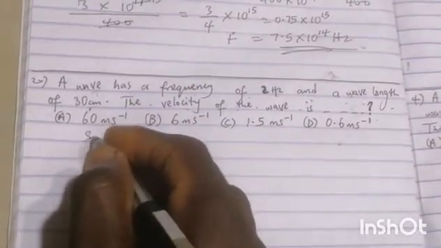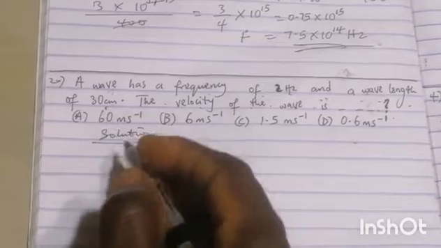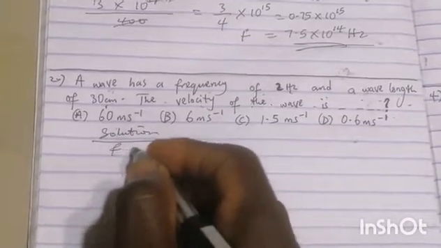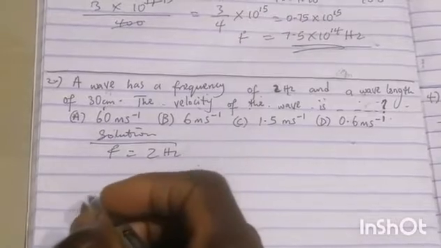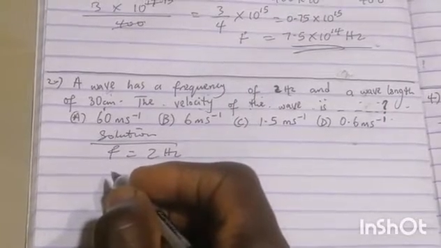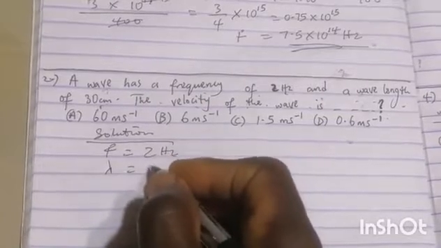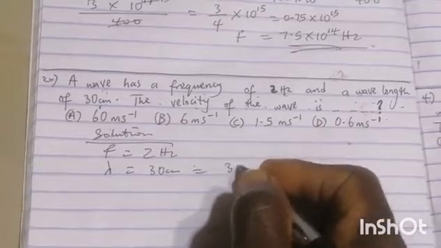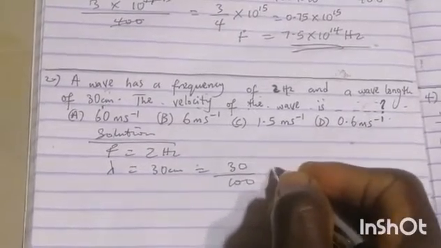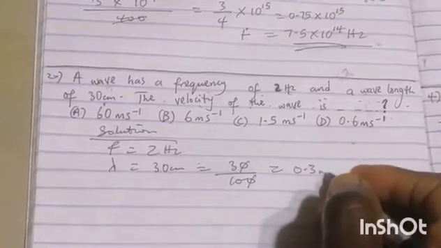So that means that what we have here now is that our frequency is already 2 hertz, and that's the original unit. And then our wavelength as given is 30 centimeter. So converting this to meter will be 30 divided by 100, and that will give me 0.3 meter.